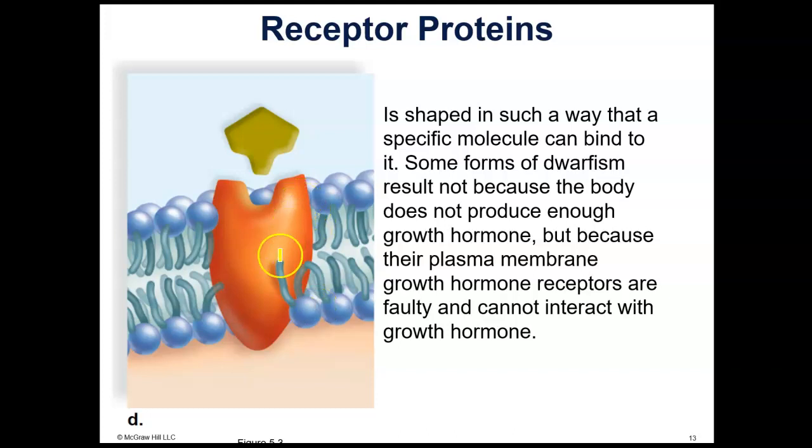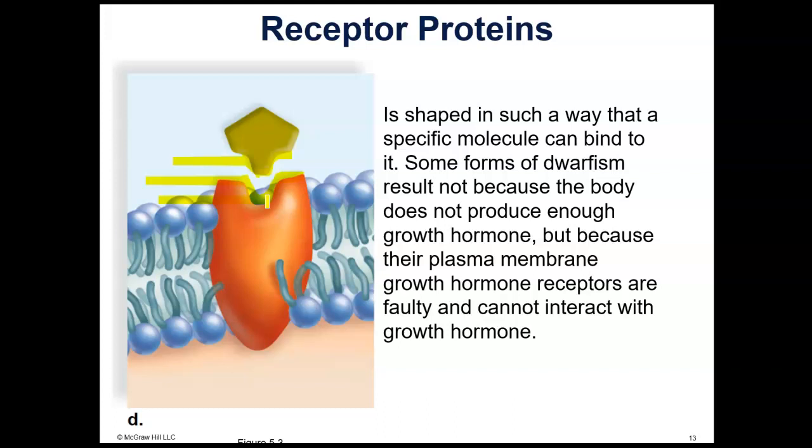Receptor proteins. So the orange molecule is the protein, and notice it has this shape here. And that shape should fit with the substance that's going to bind to it. I'm sorry, my highlighter's going crazy, but you see how the ligand, which is this molecule, is going to fit into the receptor protein.